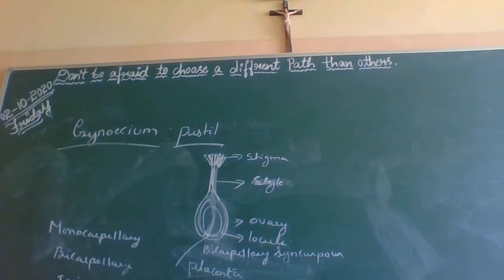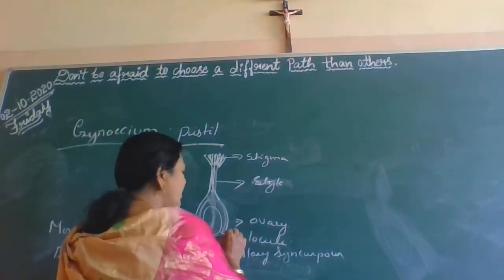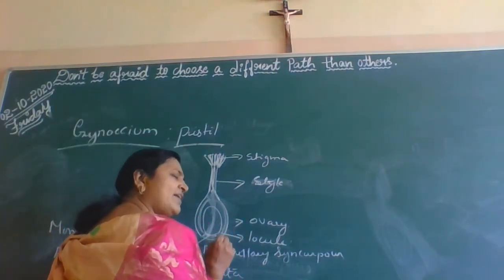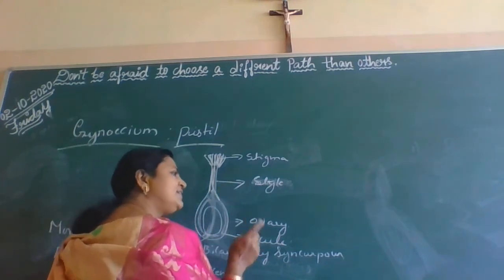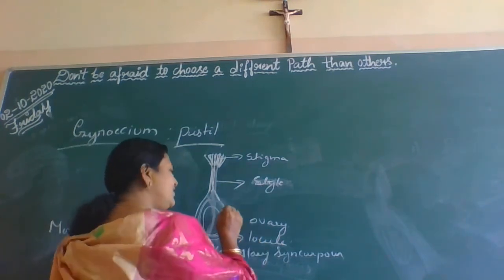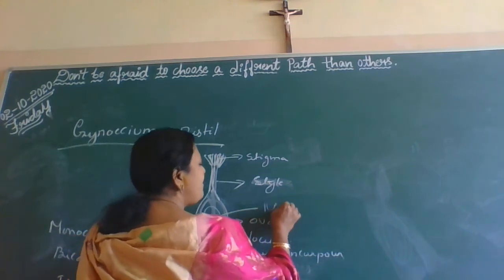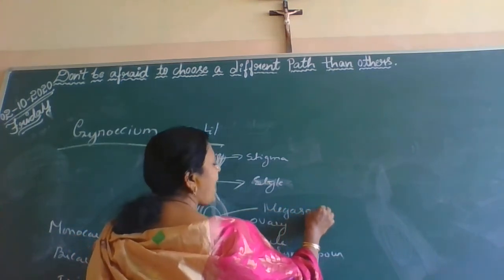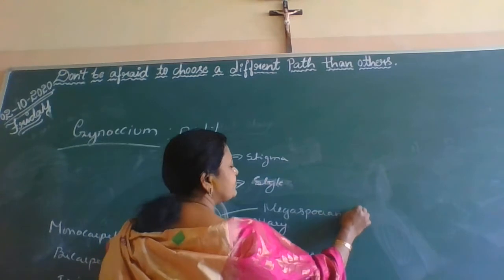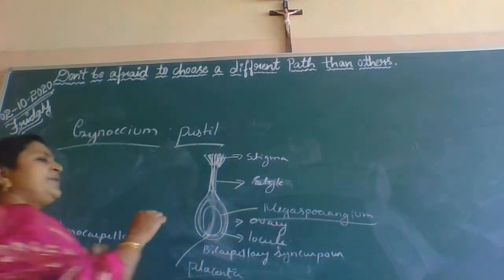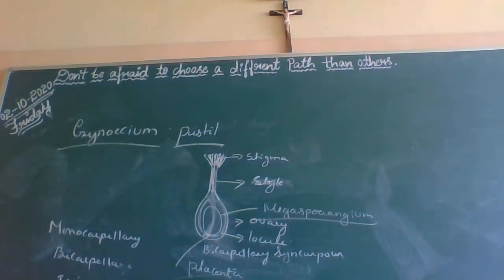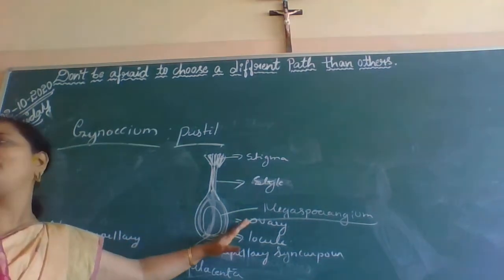Now look here. This ovule, where is it present? Attached to the placental tissue of the ovary. This ovule is called megasporangium. What is another name given to the ovule? Megasporangium. Where is the megasporangium present? Attached to the placental tissue of the ovary.